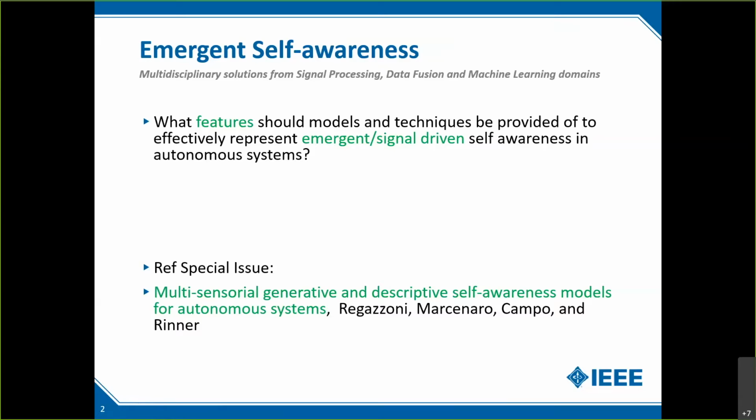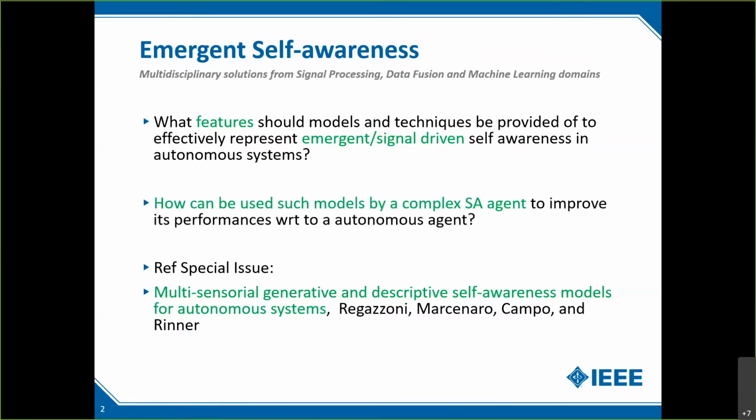So here the concept of emergent self-awareness aims to be a synonym of signal-driven. If we want an agent to produce this model continuously and use this model inside itself, what features should this model have, and how should these models be available, and what advantages can they give to an agent that uses it?